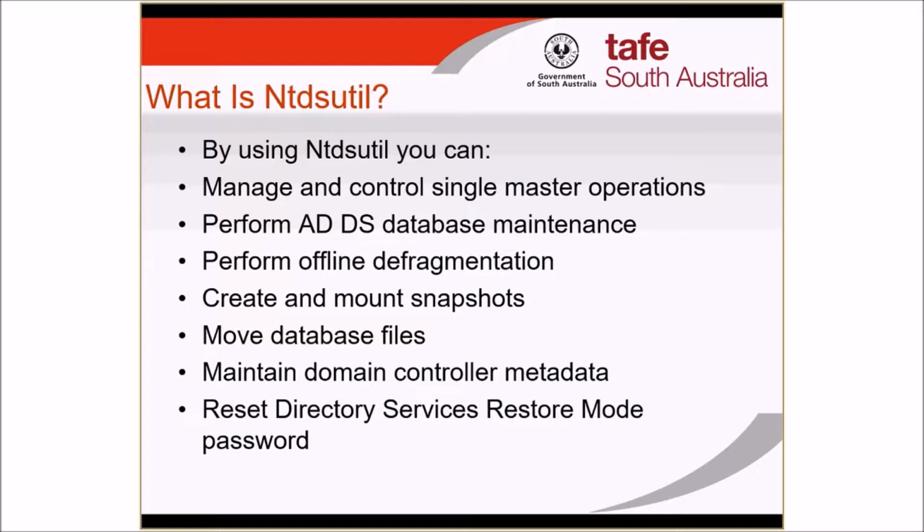But when we mount it, we can basically put it online, and then we need to expose it. What does that mean? That means make it available for someone to access. So we can expose it on an alternative port to the running Active Directory so that we can access both Active Directories at the same time. At this point, we can go into that snapshot and look at the information.